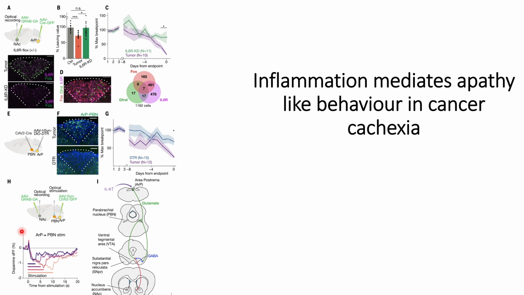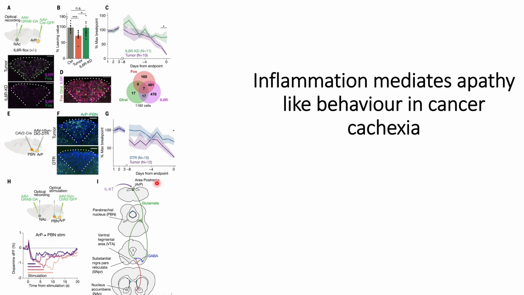But when the ARP PBN is not knocked down, they can see Cancer-Cachexia behaviors. These behaviors can be recovered if the ARP PBN is knocked down, because the ARP PBN goes to the VTA to suppress dopamine expression, and when it is knocked down, the suppression of dopamine expression does not occur.